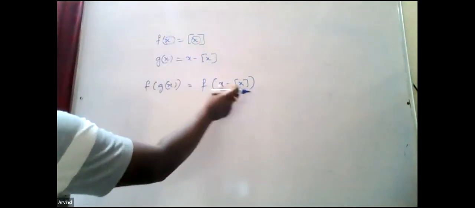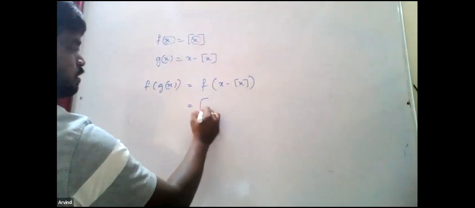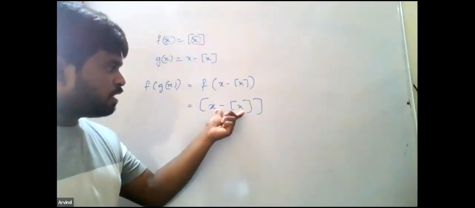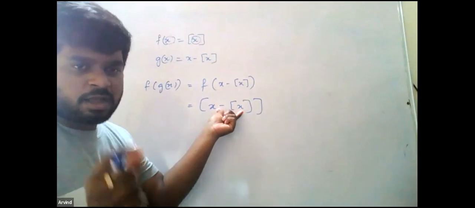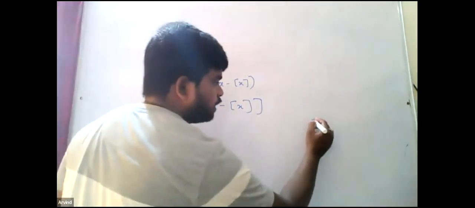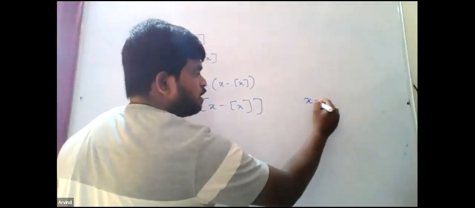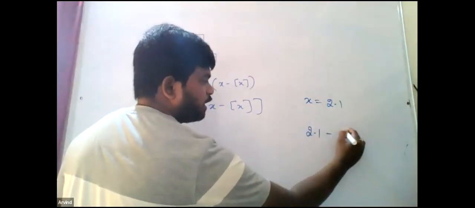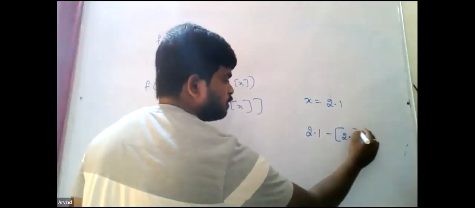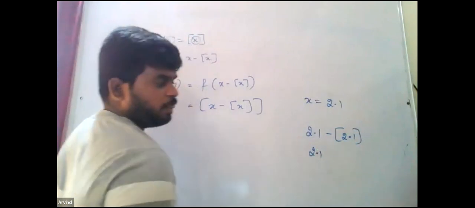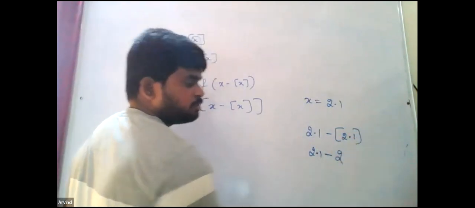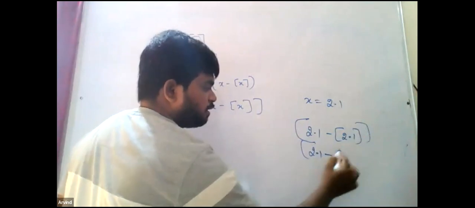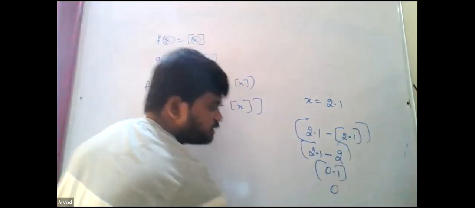Just compare it: wherever x is there, write this. Just observe, x minus greatest integer function always represents a fractional part, 0 point something. For example, let's take x as 2.1. Then 2.1 minus greatest integer of 2.1, which is 2, so 2.1 minus 2 is 0.1. Then we have to take the greatest integer again. The greatest integer of 0.1 is 0.